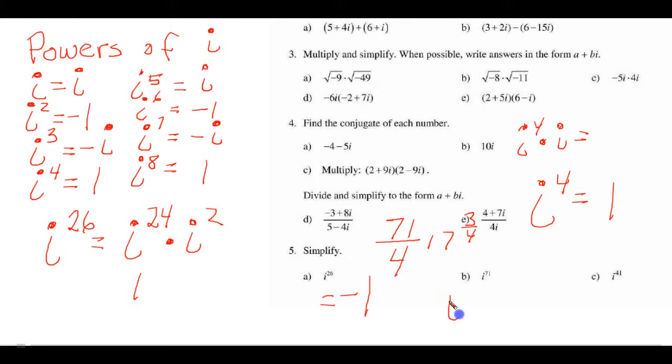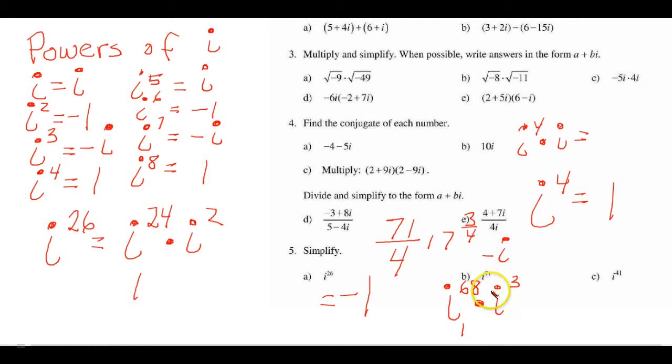Well, that is i to the 68th power times i to the 3rd power. Again, this is divisible by 4. Since it's divisible by 4, this is just going to be a 1. So 1 times i to the 3rd. What did we say i to the 3rd was? Negative i. So for letter B here is a negative i.